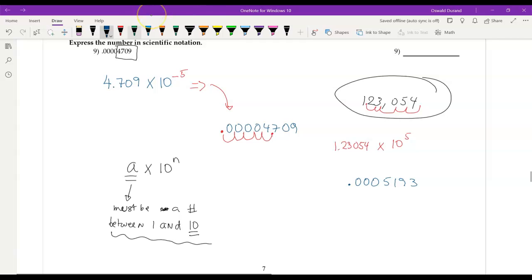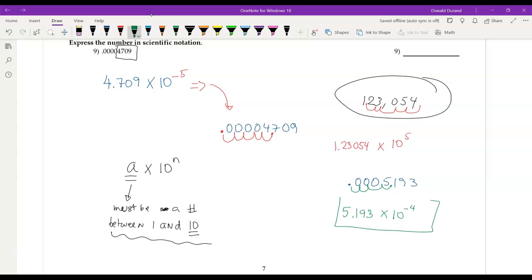And so I know that I'm going to put the decimal point right there at 5.193, because that 5.193 is a value between 1 and 10. So it's going to be 5.193, right, times 10 to the power of what? To reproduce this number, I have to go from that decimal point to the other one. So 1, 2, 3, 4 to the left, right? I went 4 units to the left, so I have to put -4 here.